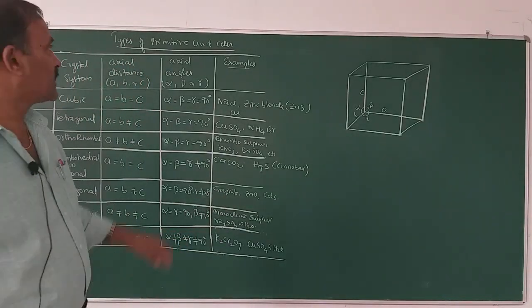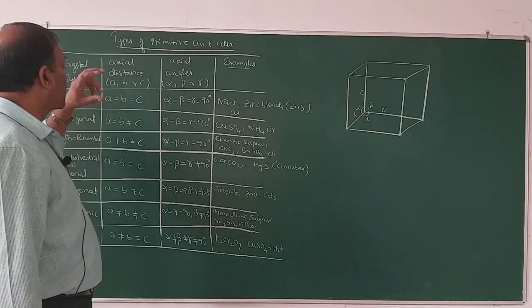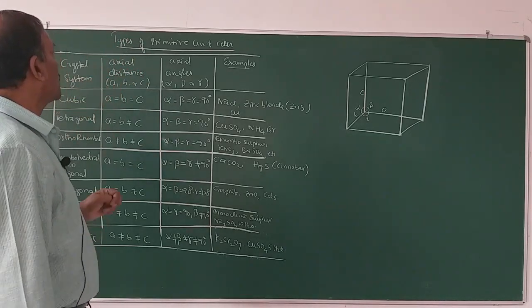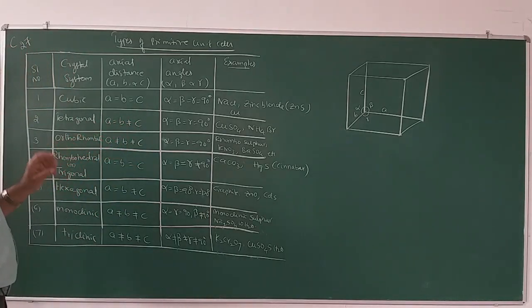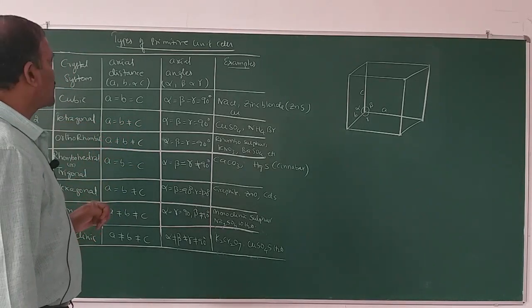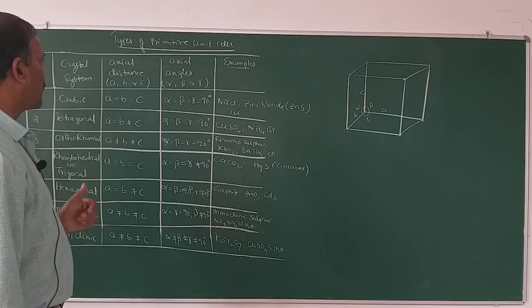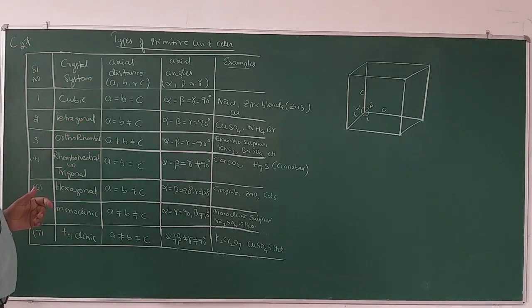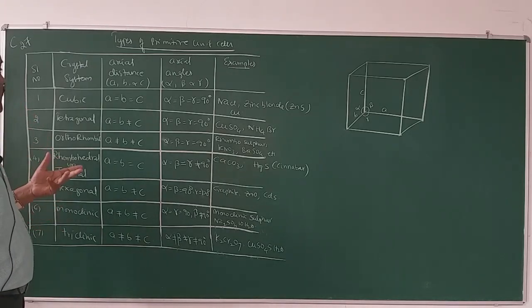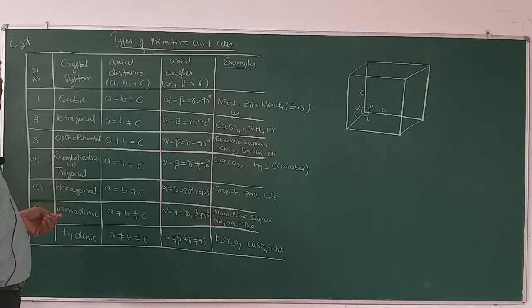Coming to the types of primitive unit cells, depending upon the axial distances and axial angles, primitive unit cells are classified into following 7 types. These 7 types of crystals are called 7 crystal systems. So you may ask in the examination, name how many crystal systems are there, name them.